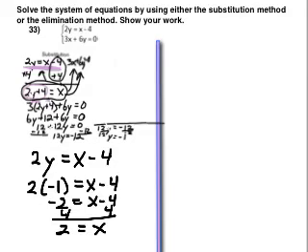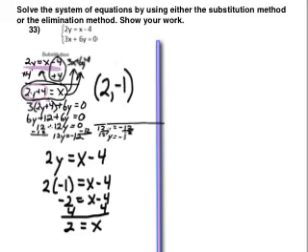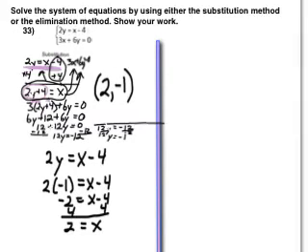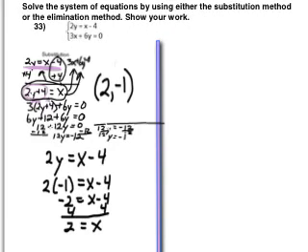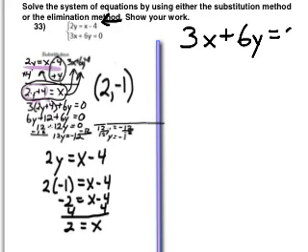So our point is 2, negative 1. And I want to try it in the other equation too, the equation we didn't use. We found this with the top equation, so we'll try it in this one: 3x plus 6y equals 0.